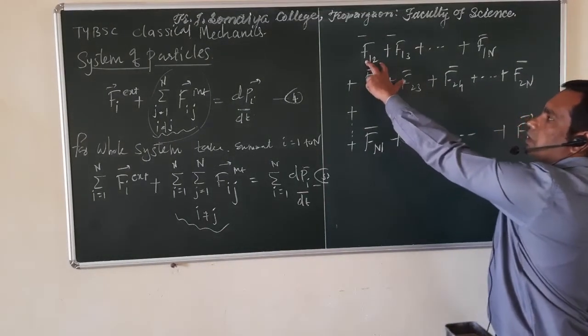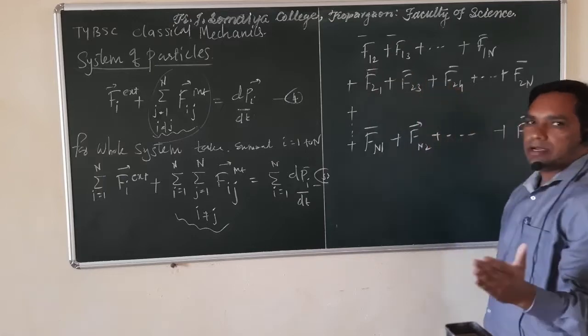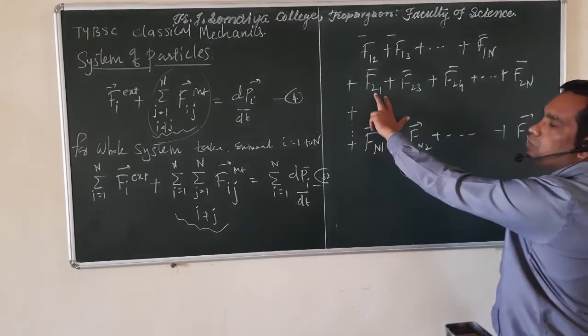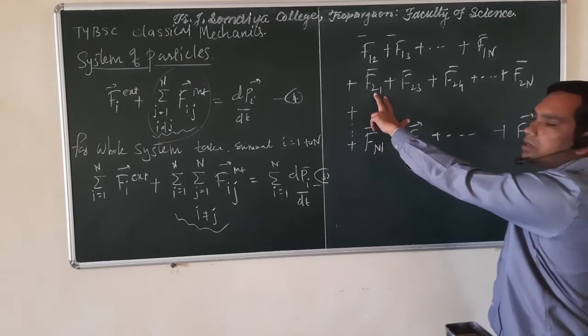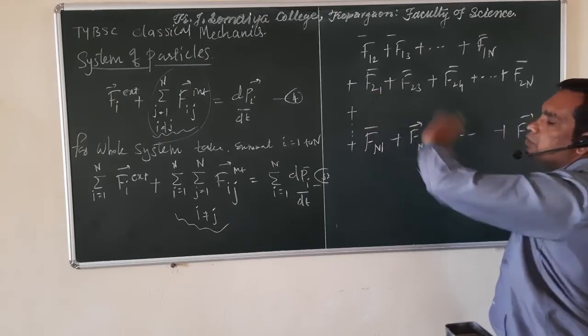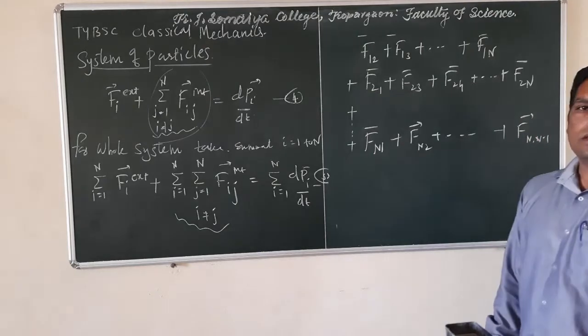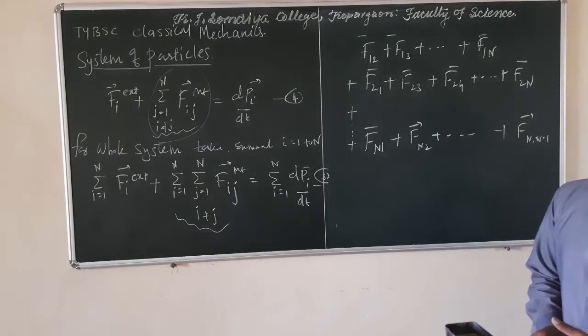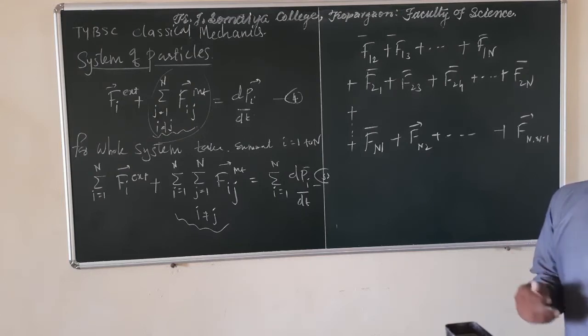So see, F12 means what? Force acting on first particle due to second particle. And here we have this term F21, which is what? Force acting on second particle due to first particle. Now in Newton's third law of motion, what we have studied, action and reaction are equal and opposite. Means what?